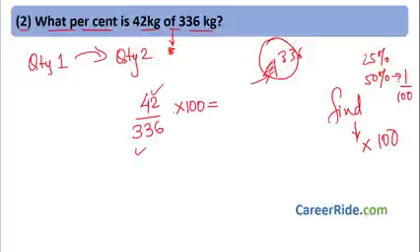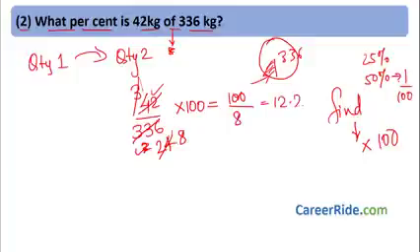So we have 42 upon 336 into 100, that is nothing but this would be 14 3s are 42, 14 24s are 336. So 100 upon 8, that would be 12.5%. So 42 kg is 12.5% of 336 kg.